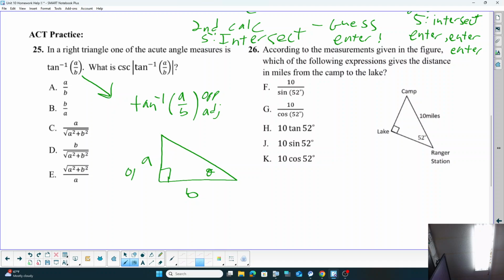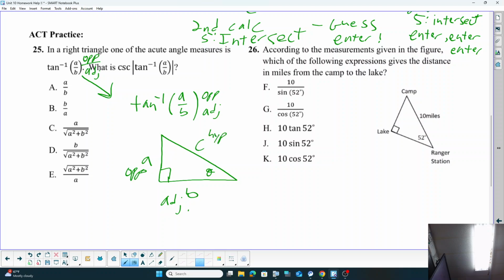So that's A over B because tangent is opposite over adjacent. Cool. So now that we have that, whatever that angle is, it's right there. Then C will be the hypotenuse.